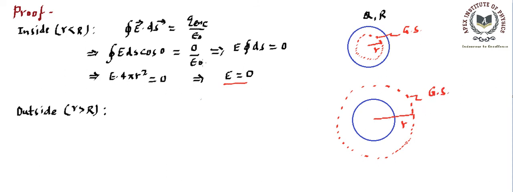For this Gaussian surface, we will perform Gauss law, which is integration E dot ds is equal to Q enclosed upon epsilon naught.